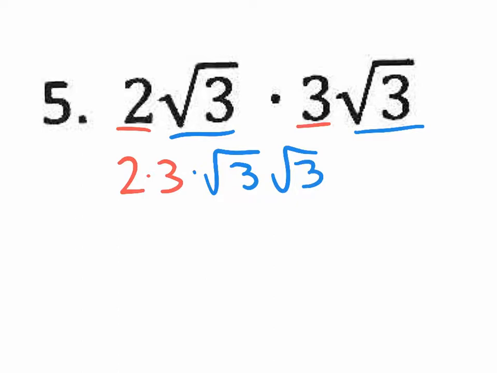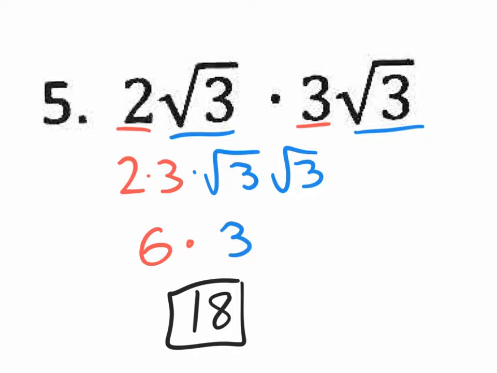Times square root of 3 times square root of 3. So you can rearrange it. And 2 times 3, that's 6. And we should all know from the other truth above that when you multiply a radical with the same exact value, the square root disappears, you end up with just 3. So what you really have is 6 times 3. So your final answer is 18. 6 times 3 is 18.